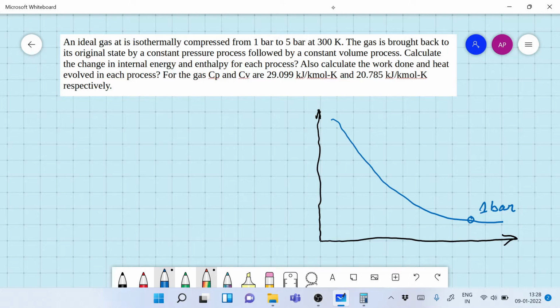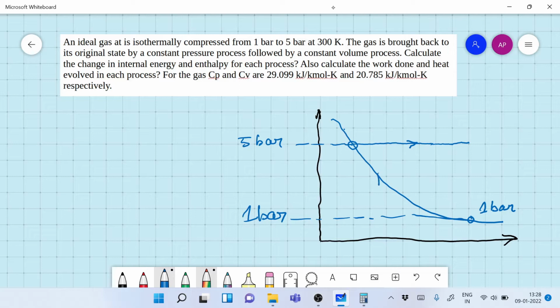From here, the gas is compressed isothermally and comes to a condition where its pressure is 5 bar. From here, it is expanded at constant pressure where it is brought back to its original volume. So this is a constant pressure process.